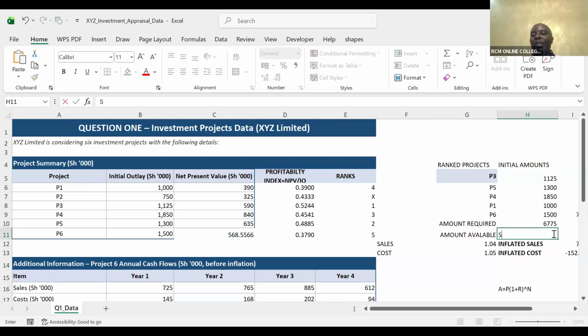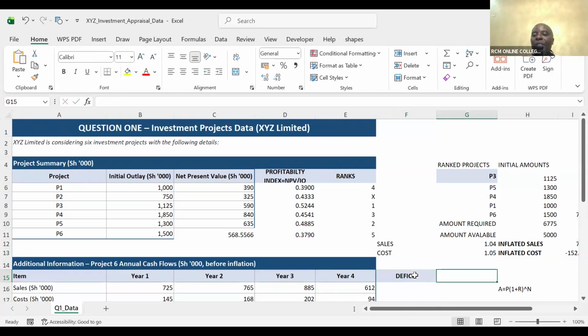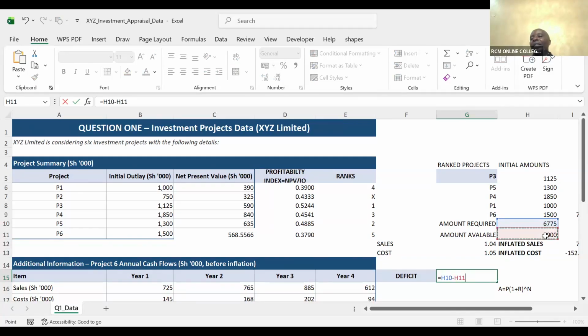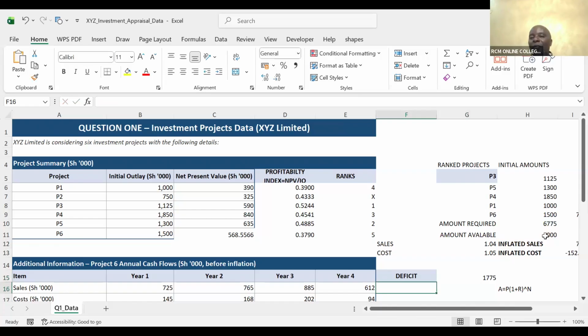So is there somebody who is able to give me the deficit? Deficit, ladies and gentlemen, I can see it will be equals this amount here minus the 5,000, which gives me 1775 as the deficit.